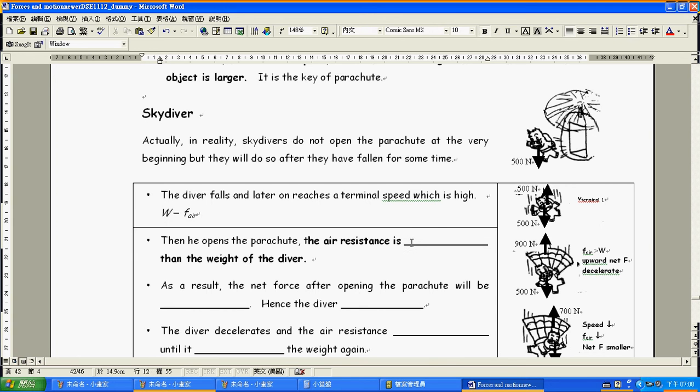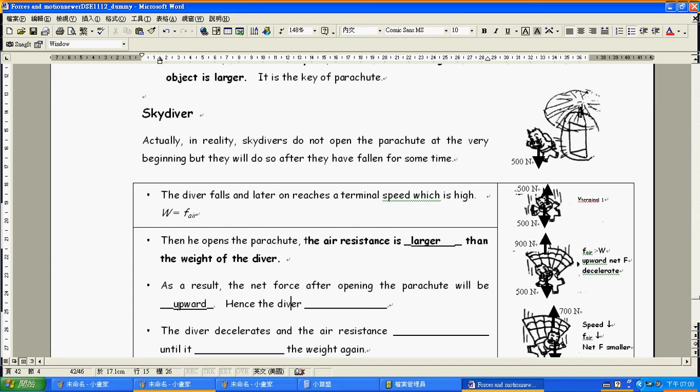When he opens the parachute, air resistance is larger than the weight of the diver. For example, in this diagram, the air resistance is 900, but the weight is only 500. As a result, the net force after opening the parachute will be upward.